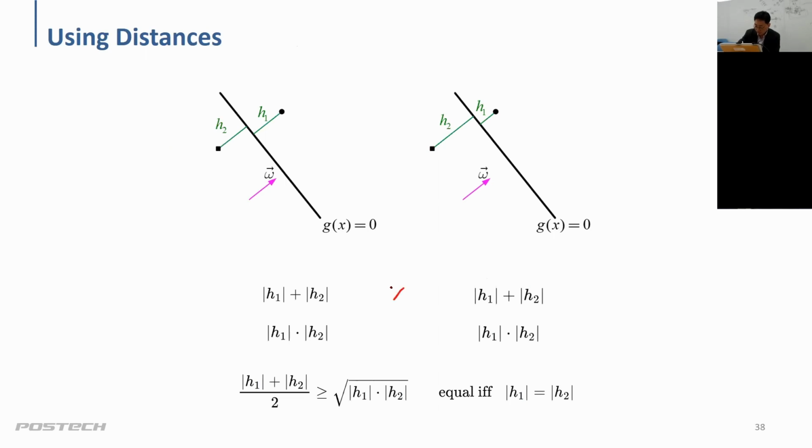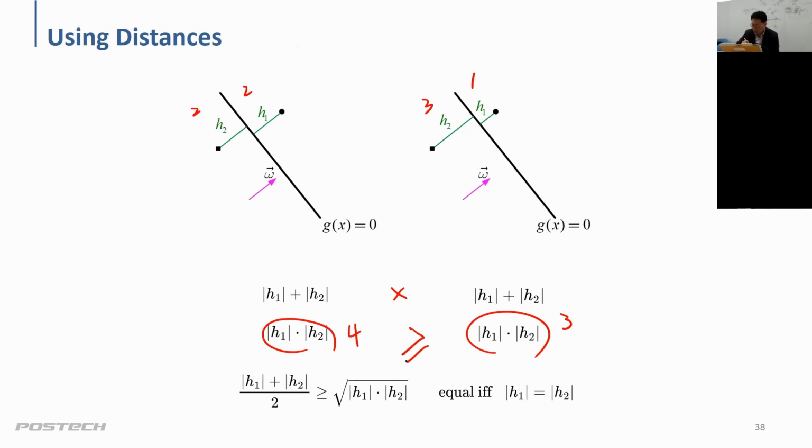So the summation fails. And next, let's say, I don't know, we do the multiplications. There's no reason, but I do multiplications. Which one's bigger in this case? If we do the product, this one is 4 and this one is 3, right?